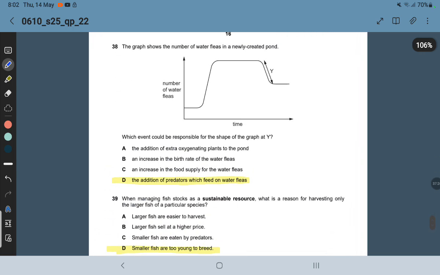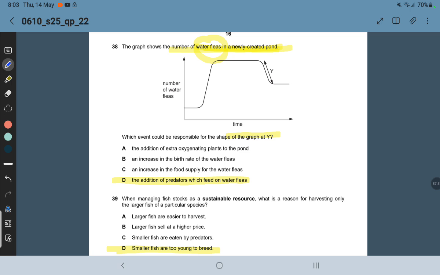Moving on. 38. It's telling you in here, the graph shows the number of water fleas in a newly created pond. What event could be responsible for the shape of the graph at Y? It's telling you addition of predators which feed on water fleas, of course, because you are making a water flea habitat and you increase the predators, so of course the number of water fleas will decrease, basically because you have predation, with them being eaten and invaded by these predators.